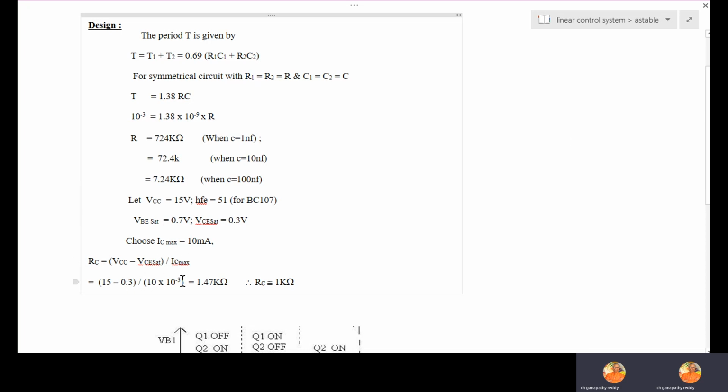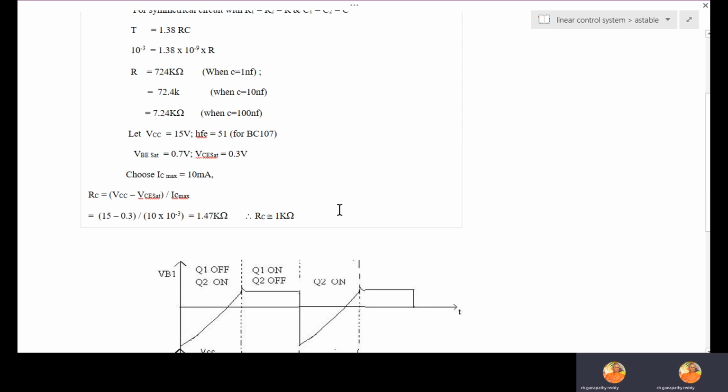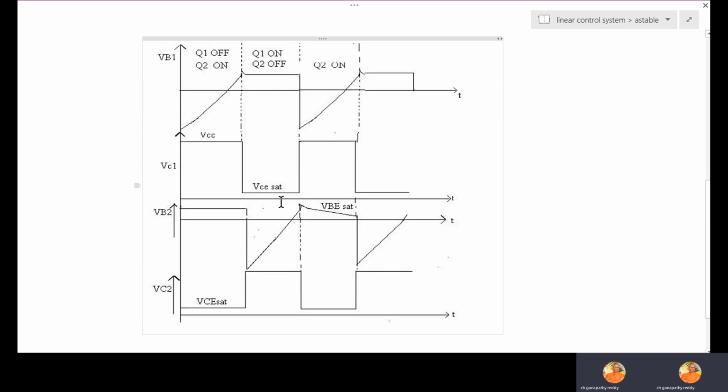IC maximum is 10 milliamps, so it is 1.47. You can keep 1 kilo ohm. So collector resistance is 1 kilo ohm, or 1.5 K also you can fix. Then C is 10 nanofarads, R equal to 72.4 K. With that, I will show the expected waveforms and circuit.